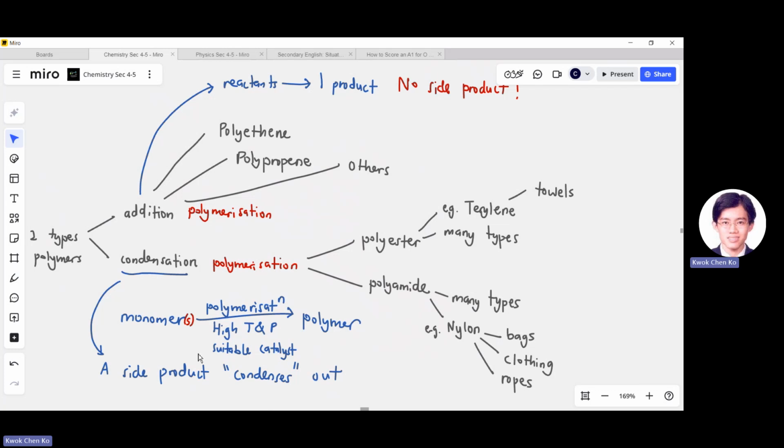Just take note, condensation involves a side product coming out. And of course, the most common side product is water. All right, any questions, anyone?